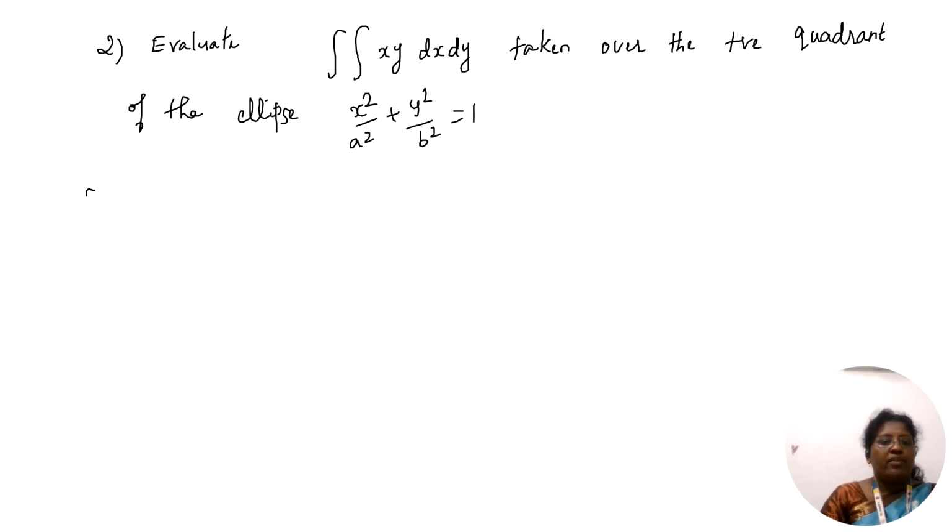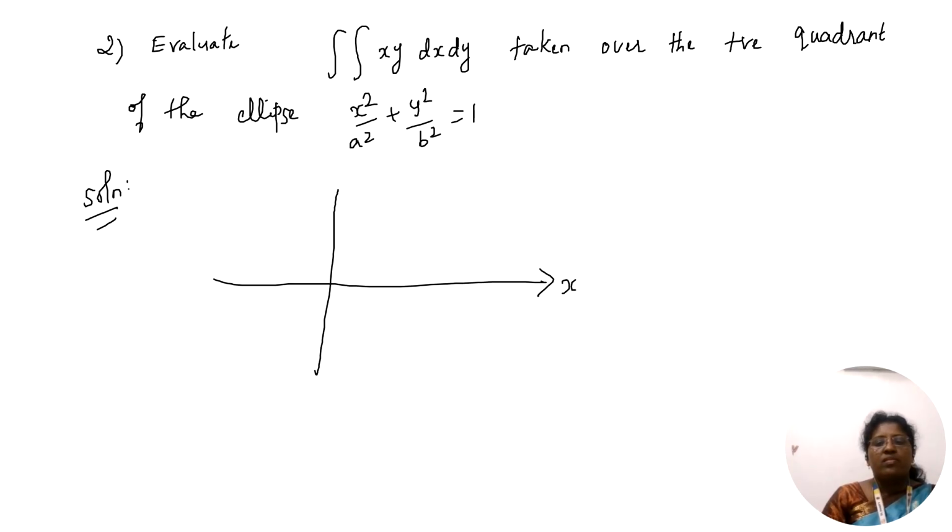So now to evaluate this, first we'll find the limits. To find the limits, first let us draw the diagram. So consider x-axis and y-axis. Here the region is bounded by the ellipse.